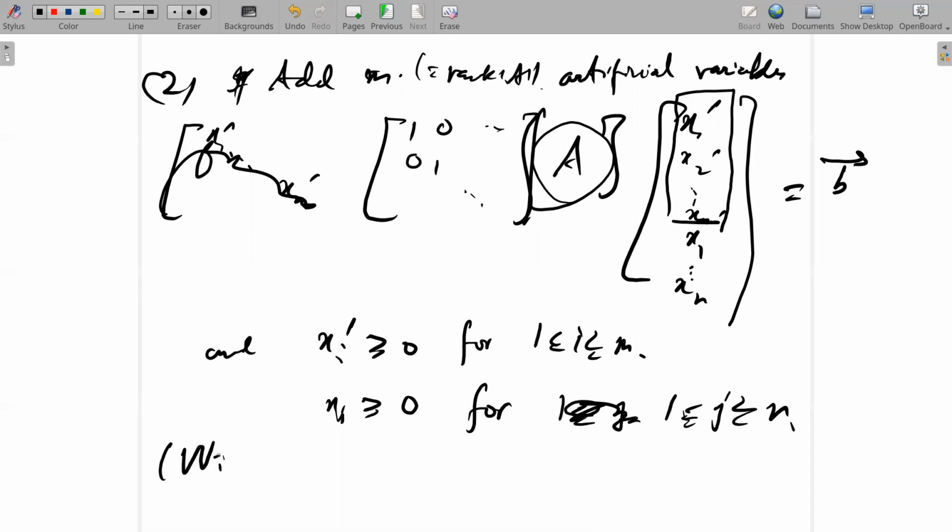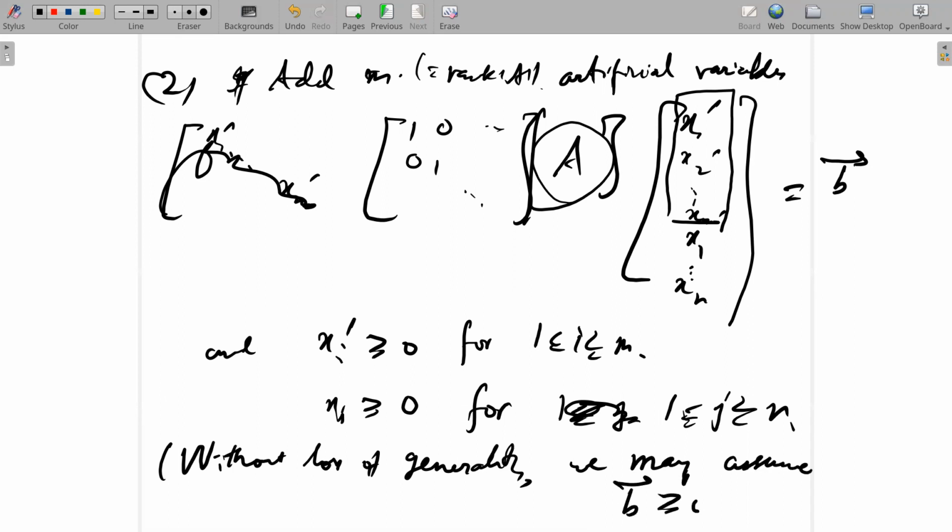So without loss of generality, we may assume b is bigger than or equal to 0 by modifying A.